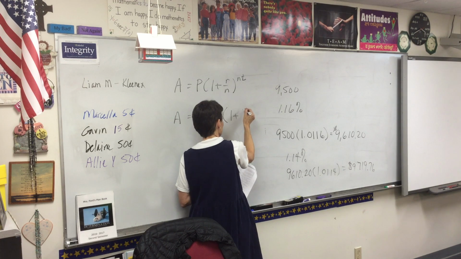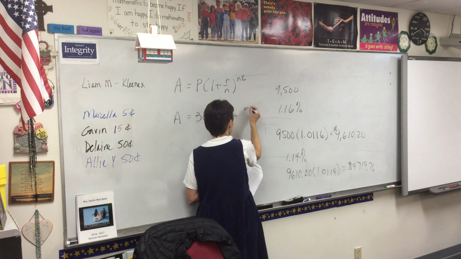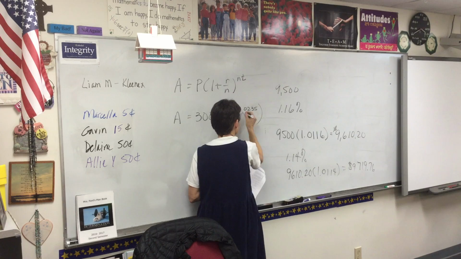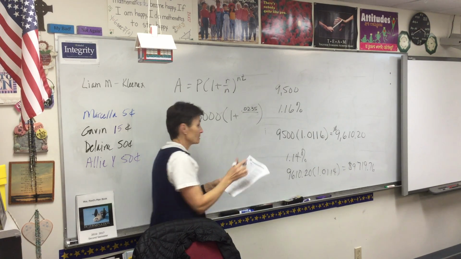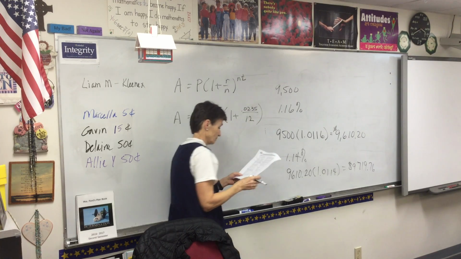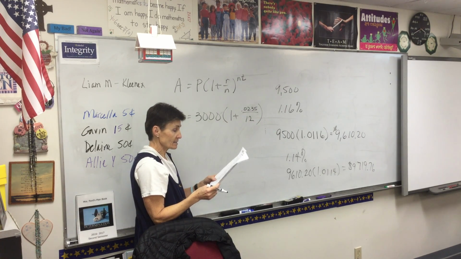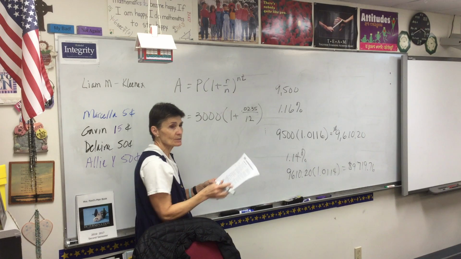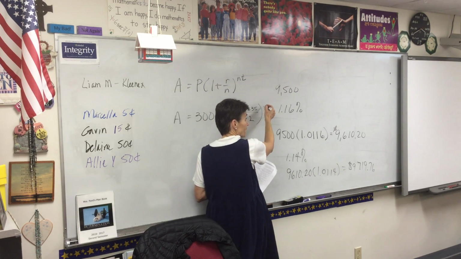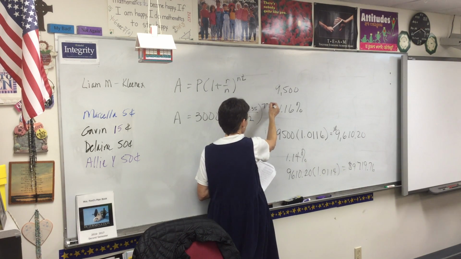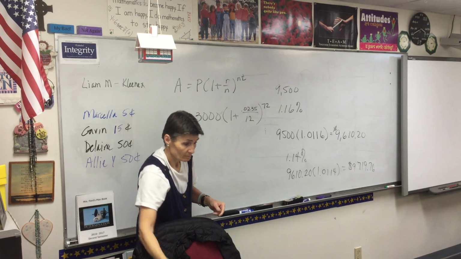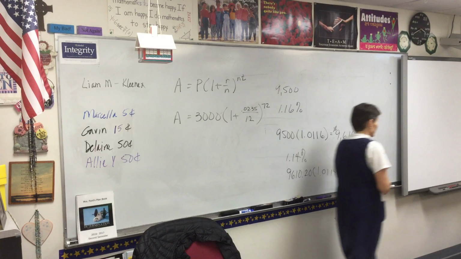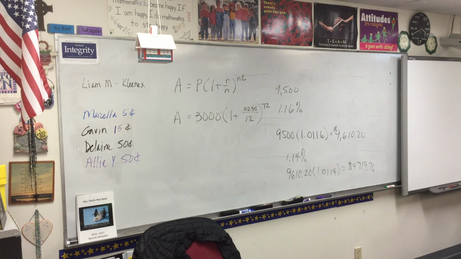What do I put in here? 0.0235 divided by 12, raised to, this is after 6 years, so 12 times 6, 72. Is everybody good with that setup?